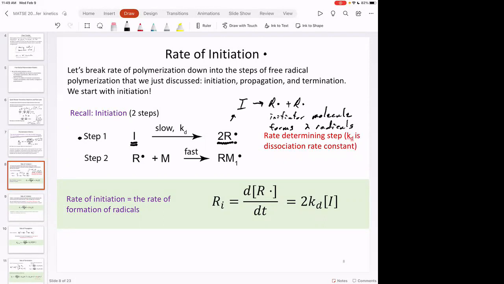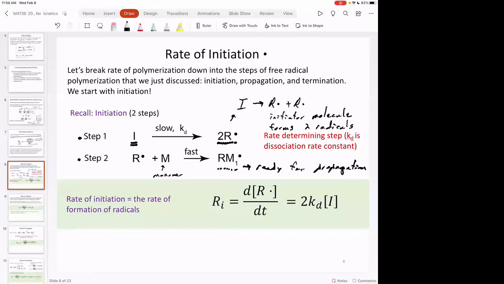And then step 2, what's happening in step 2? What is the physical process? What is R dot plus M? What's going on? That initiator fragment is reacting with what? The monomer. So remember, M is always monomer. And so this now is ready for propagation.